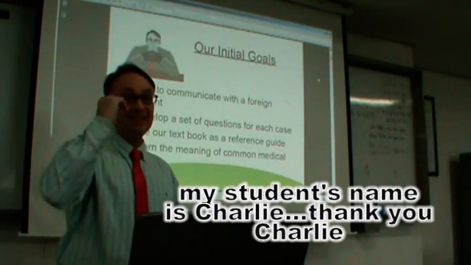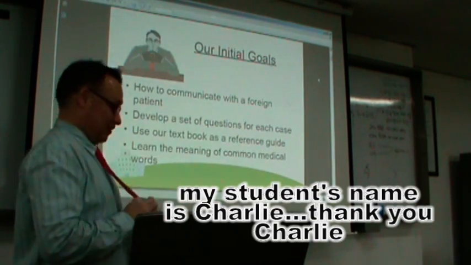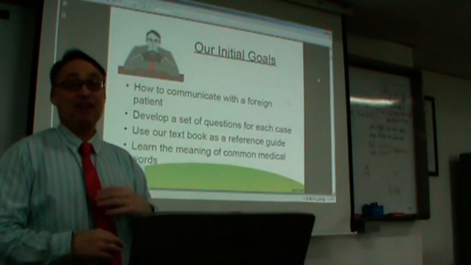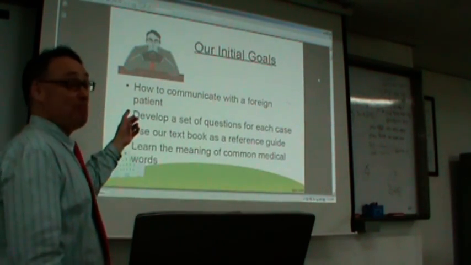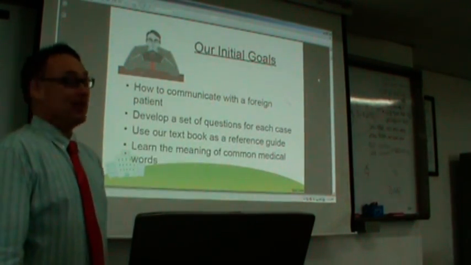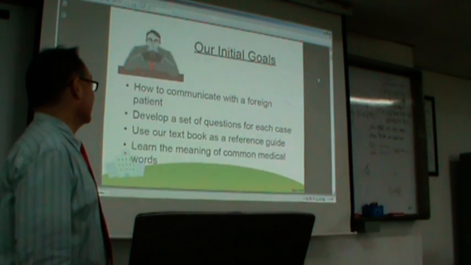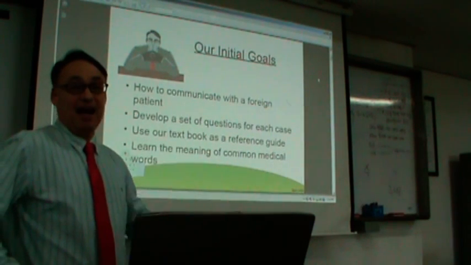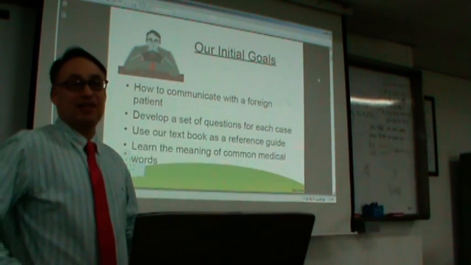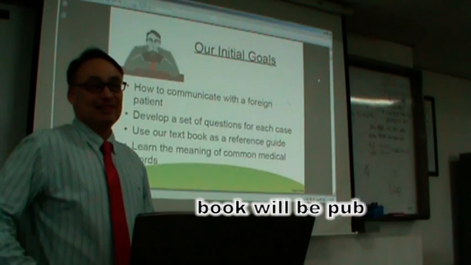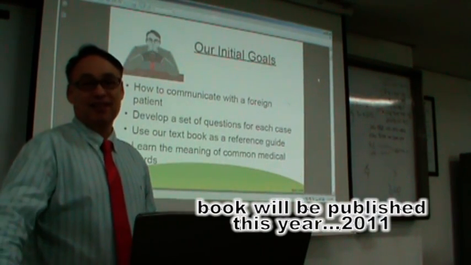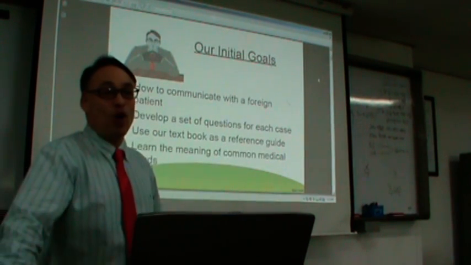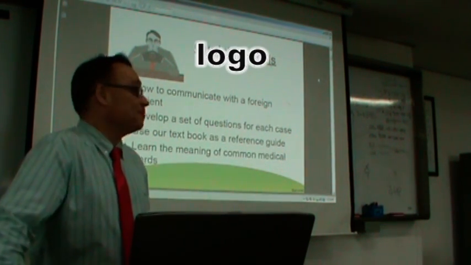Same hairstyle, and I like to wear red ties, so that's why I have a lot of red ties, and he remembered my red tie. And I will probably be using this. I told him I would be using this for my book later. I will be publishing a book this year, and maybe I'll use it as a logo. It would be a nice idea.